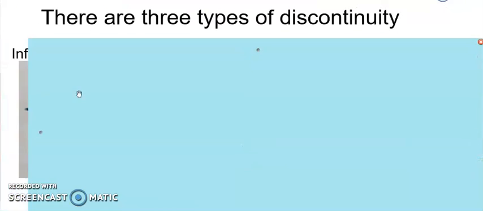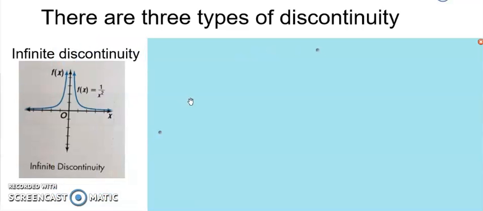The first type is considered infinite discontinuity. We call that infinite discontinuity because it just goes up forever and ever. Wherever this line is, that's where the discontinuity is going to happen. But we never know what that is because it goes on forever to infinity, because that's where we have arrows going on forever.